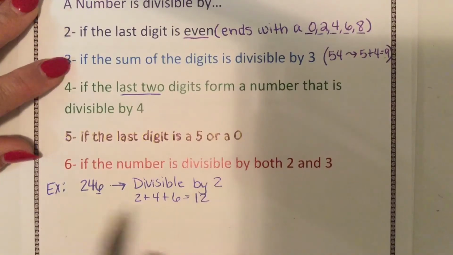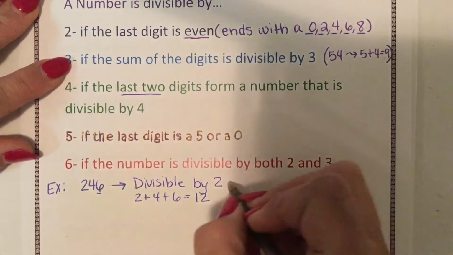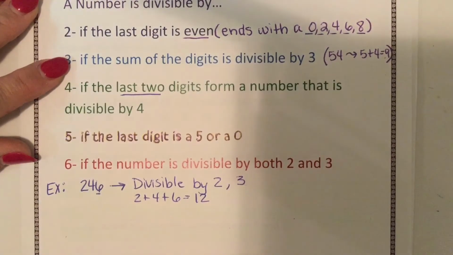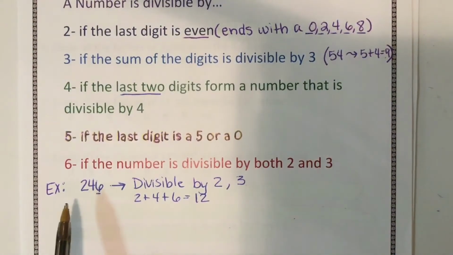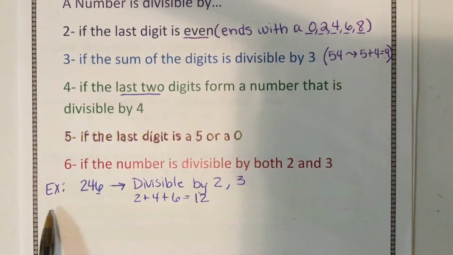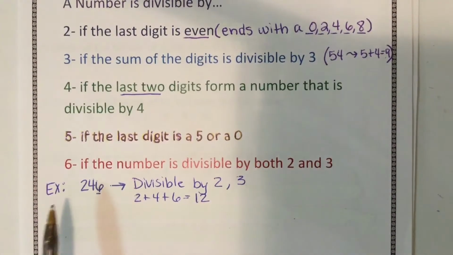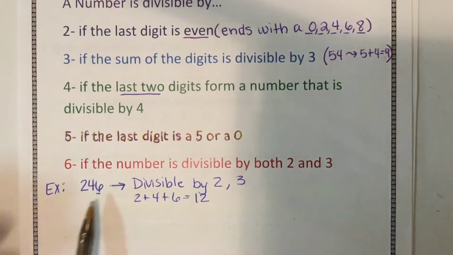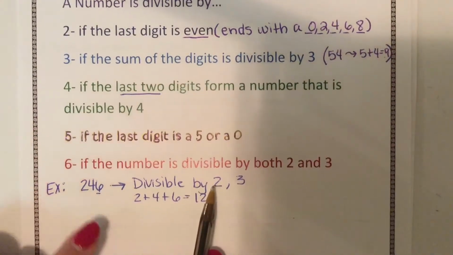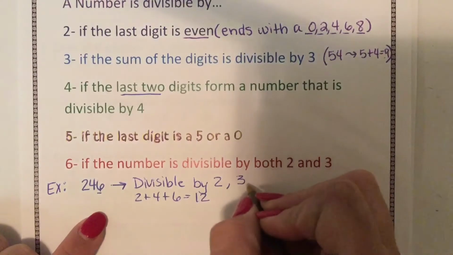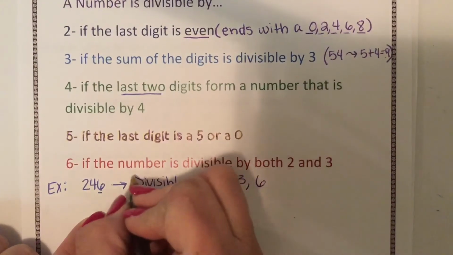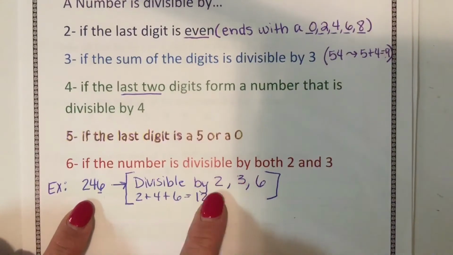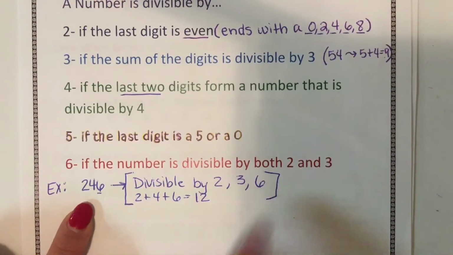I know 3 goes into 12 evenly, so it's also going to be divisible by 3. Okay, 46 is not a multiple of 4, so it's not going to be divisible by 4. It doesn't end in a 5 or 0, so it's not going to be divisible by 5. But it is divisible by both 2 and 3, so it's also going to be divisible by 6. So the number 246 would be divisible by 2, 3, and 6.